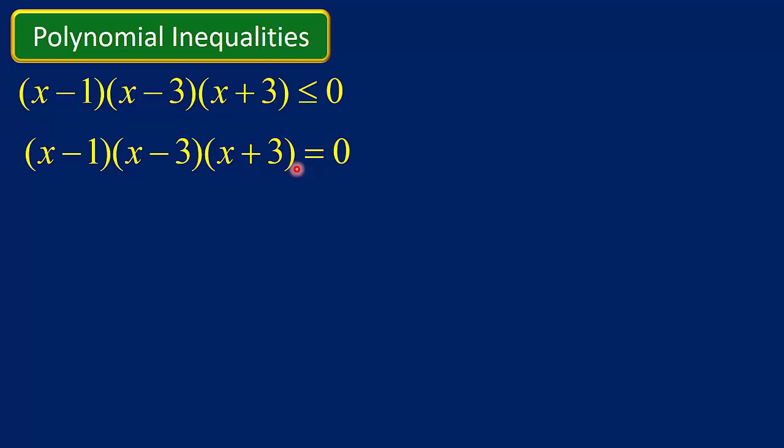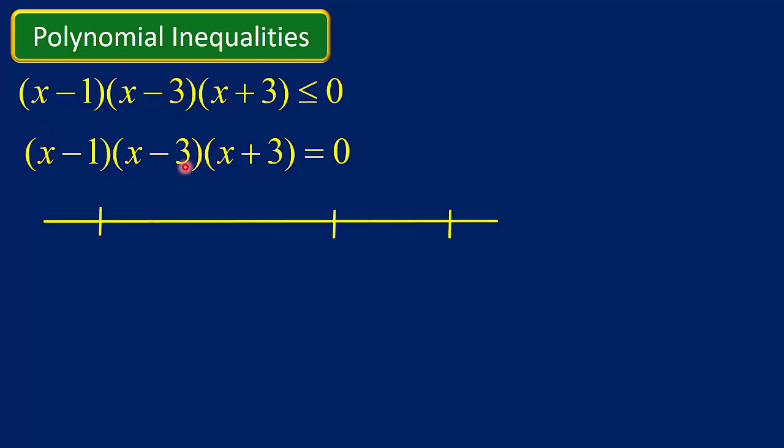If your polynomial is negative, before it can be positive, it has to be 0. Likewise, if it's positive, before it can be negative, it has to be 0. So these values for x where the polynomial is 0, those are boundary points of the regions that we're looking for. So let's find the values for which this polynomial is equal to 0.